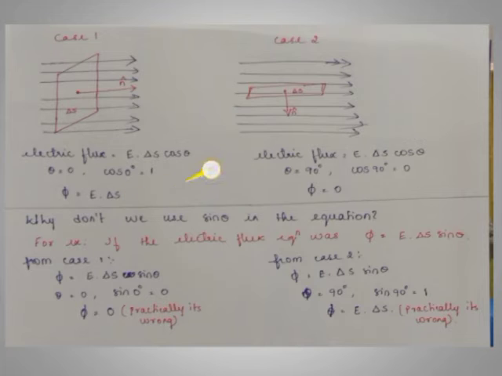Both the equation and the practical representation are tallying. The equation has not become 0, which means that some flux is there; the electric field is passing normally through the surface.